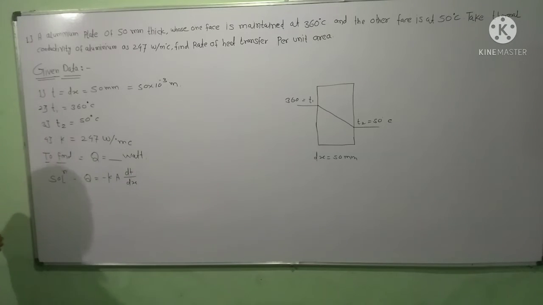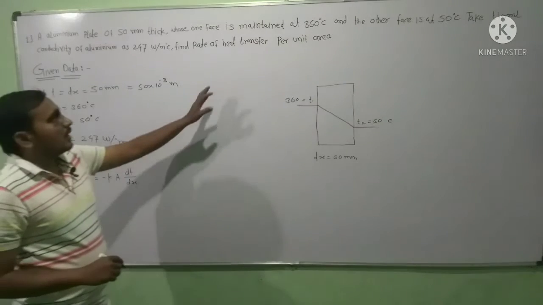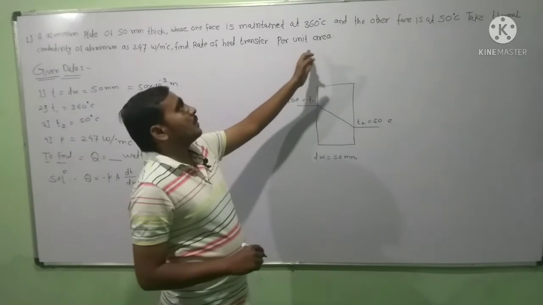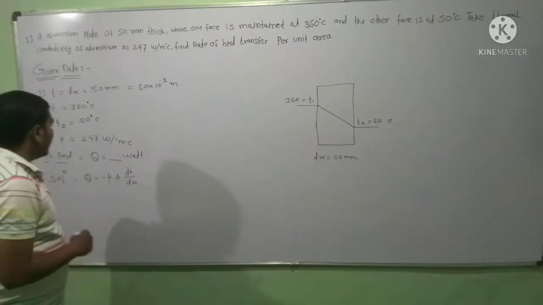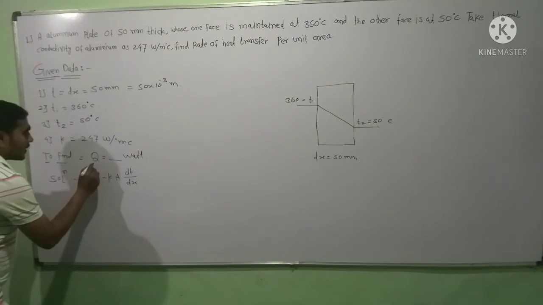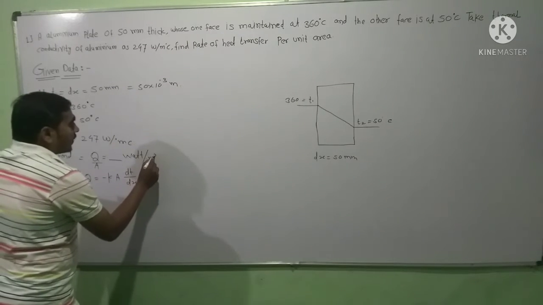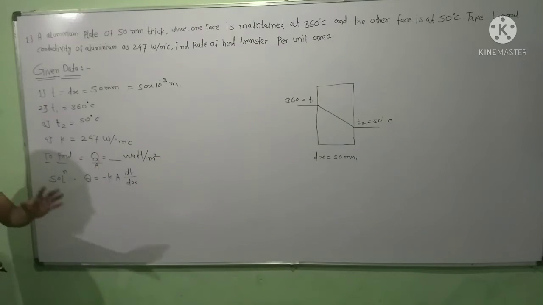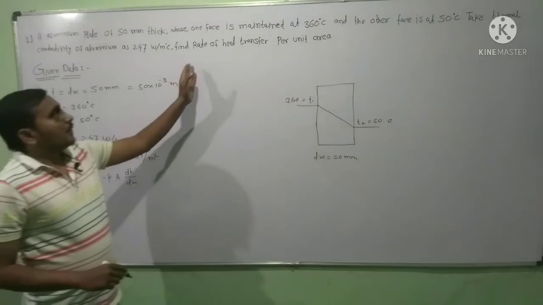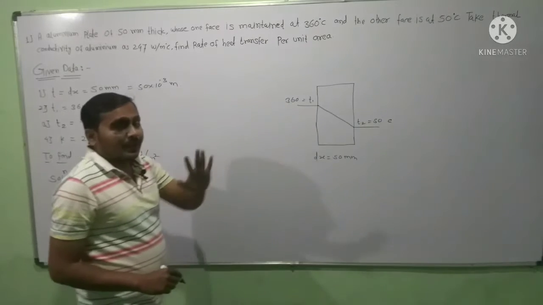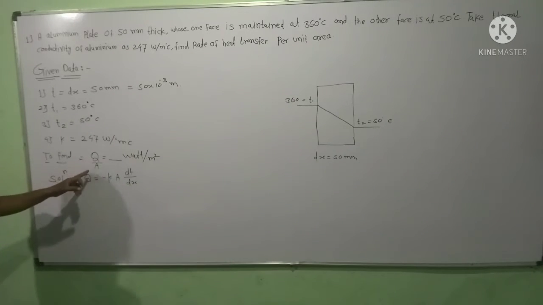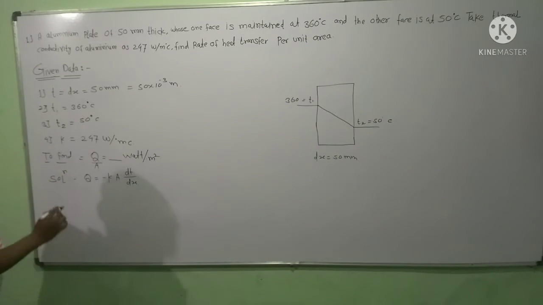All the values are given, and they have told us to find the rate of heat transfer per unit area, that is Q by A, in watt per meter square.